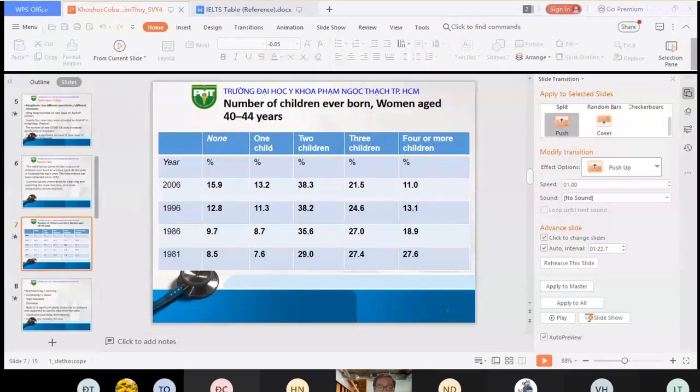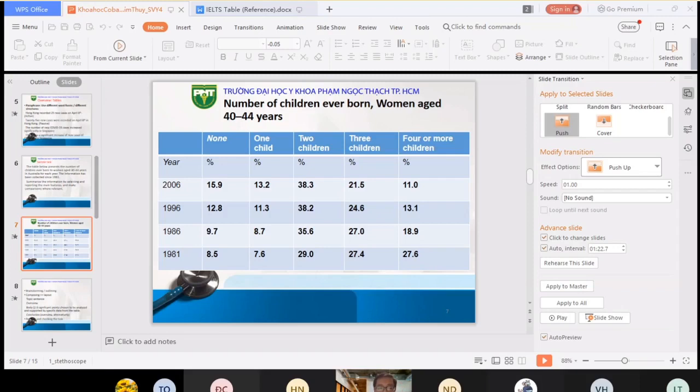A table is just another type of presentation of information. These figures can be illustrated by a bar chart, right? So a table is just another form of information presentation. Very good.